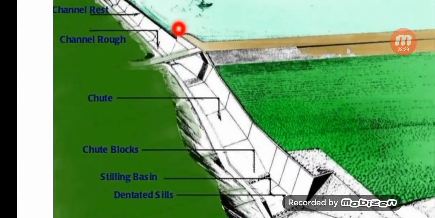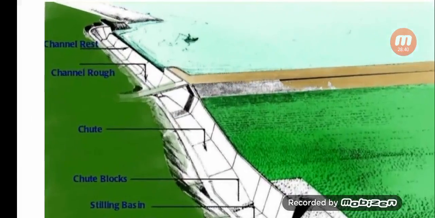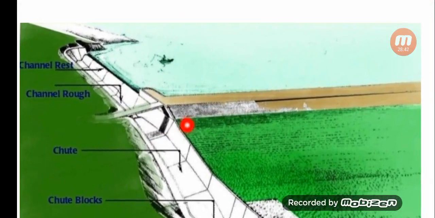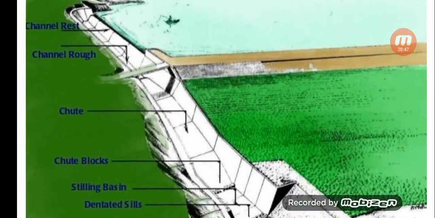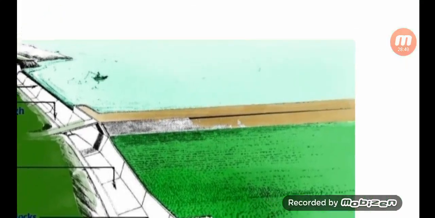So this is the chute. This is called the chute and chute blocks. So you can see these are the rectangular and straight apron type structures.